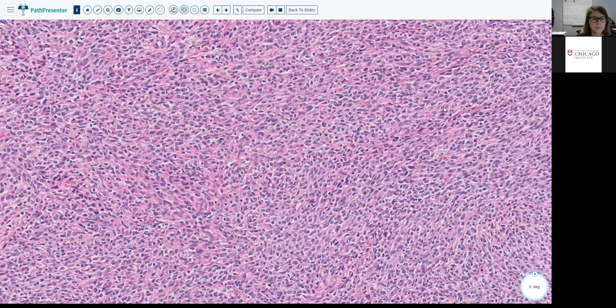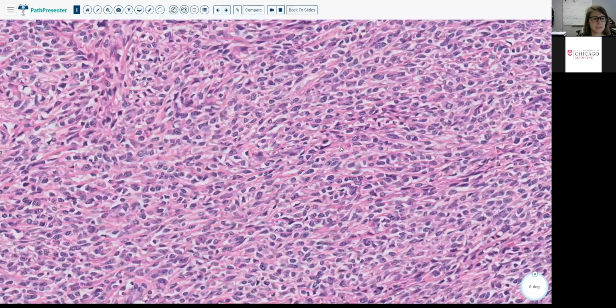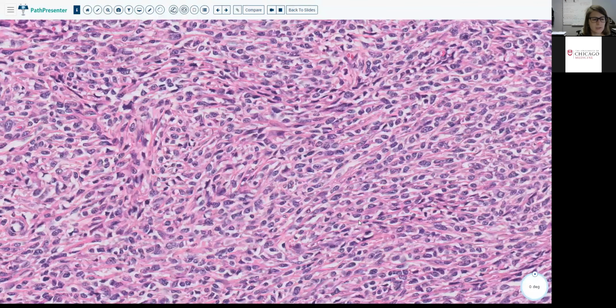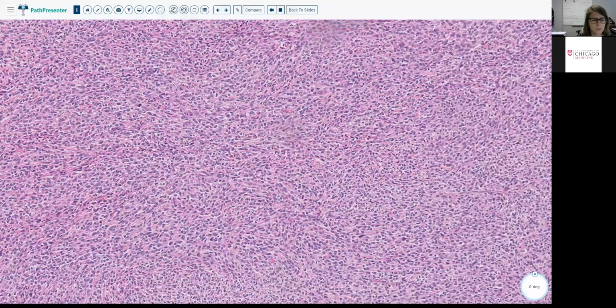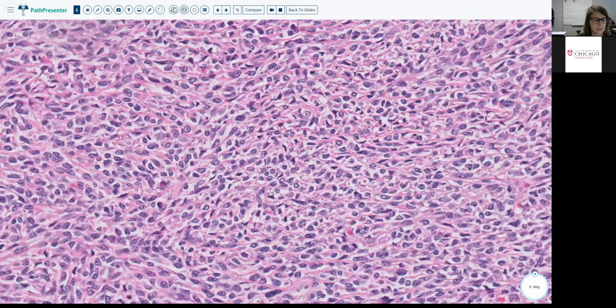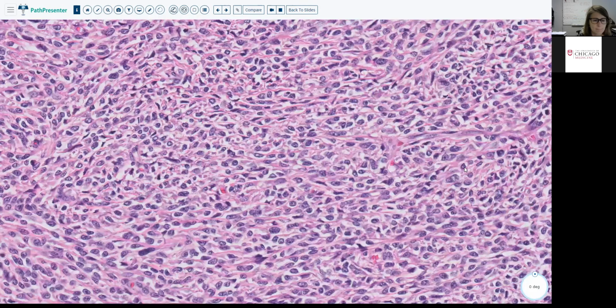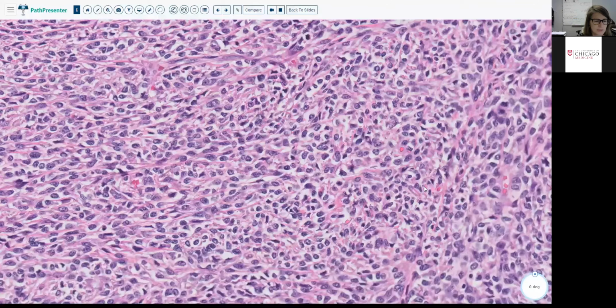What other tumors in soft tissue families, or even soft tissue and or bone, might present with this stromal pattern, relatively monotypic but highly cellular, not too many mitoses, right?